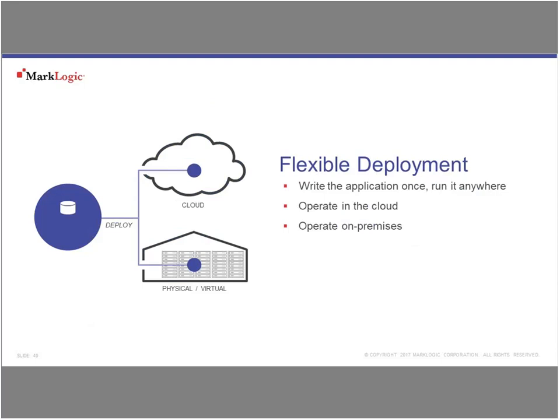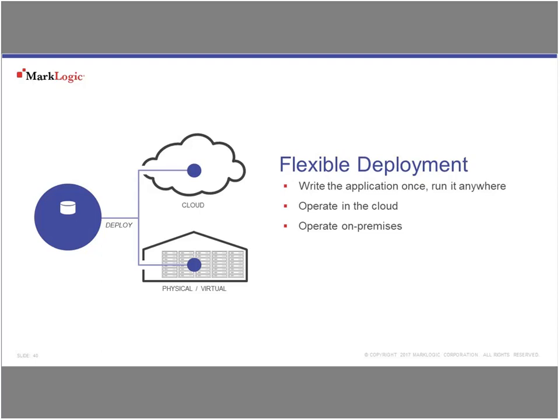Flexible deployment, and this is really, really important now, especially with a lot of your data, I'm sure, going up into the cloud. Maybe not all of the important stuff, maybe just test and dev today, but the nice thing is if you have the right setup, what you can do is write it once and then move it around. And so I can move these documents, I can move whole forests of documents or directories of documents to the cloud.